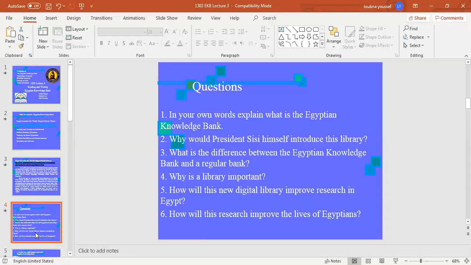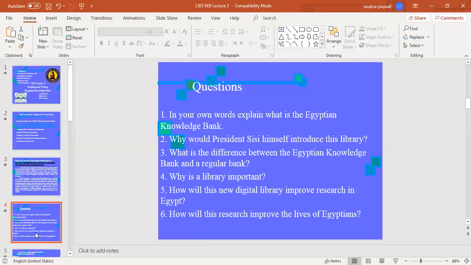The second question is, why would President Sisi himself introduce this library? Now, this question inspired a lot of wonderful answers, and we're going to discuss them together. What is the difference between the Egyptian Knowledge Bank and a regular bank?